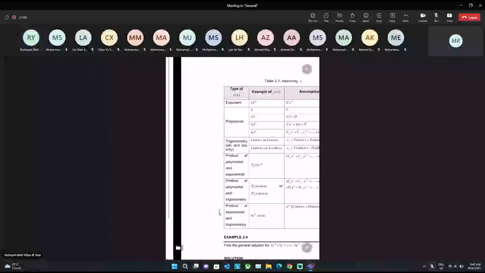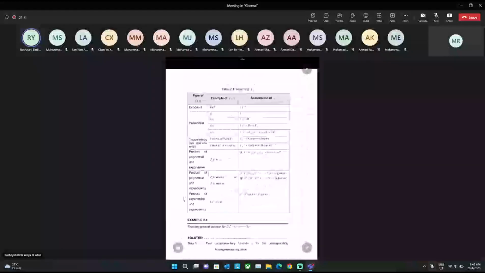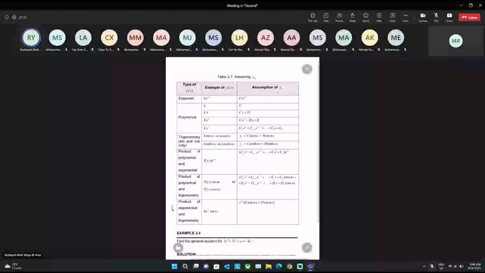This is the table 2.1 that will be used for you to make assumption for your fx. This is example of your fx. Look at your question. Okay. And then what you need to do, look at this column. After that, you need to make assumption for your fx based on what your equation. You look at this column.